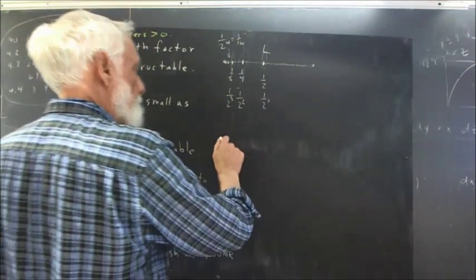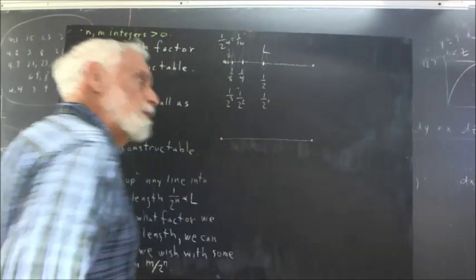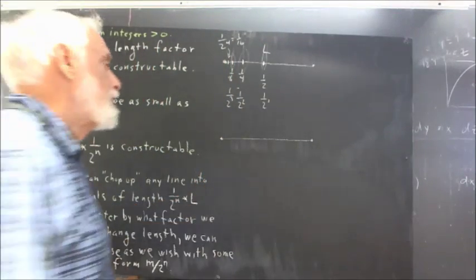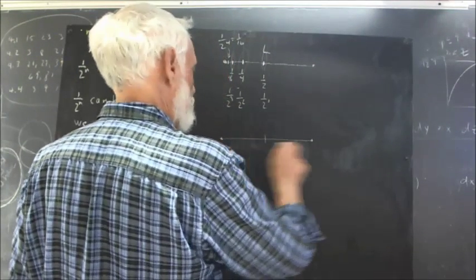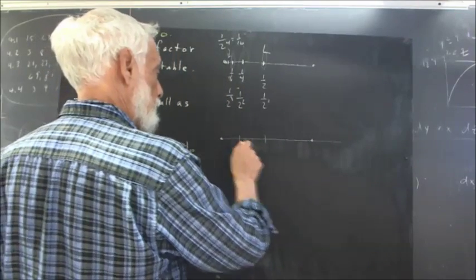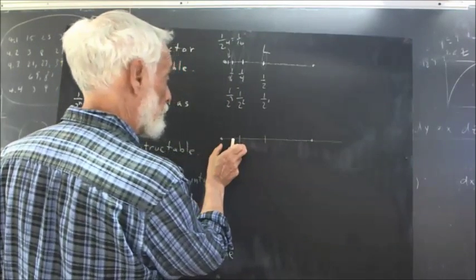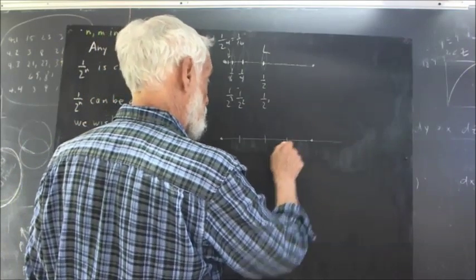Then I could do just as we do with rulers that measure in inches. I can divide each inch into half, and then I can take half of that and get a quarter, and add that to this and get 3/4.